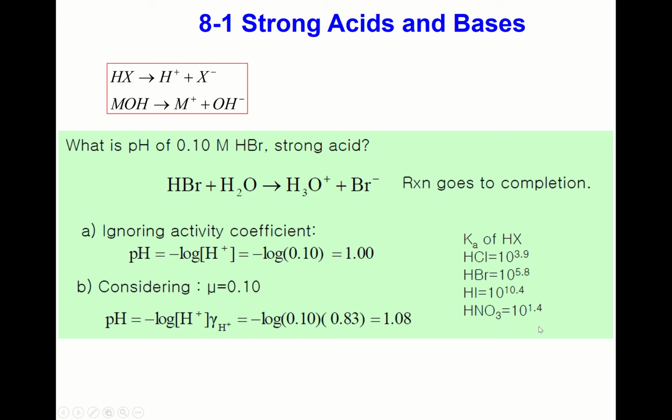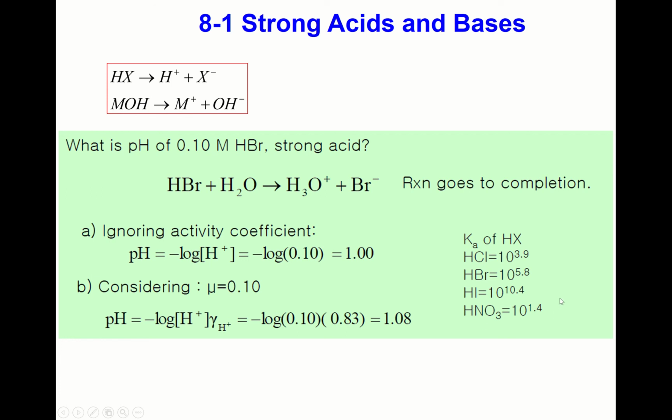But the problem is nitric acid. Its dissociation constant is not small compared to the weak acids. This value is very large, but not very large. Relatively small compared to other strong acids.